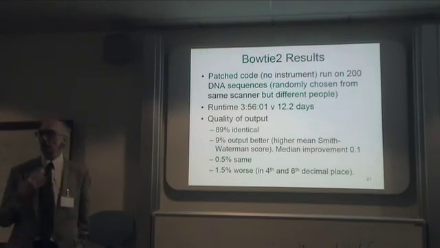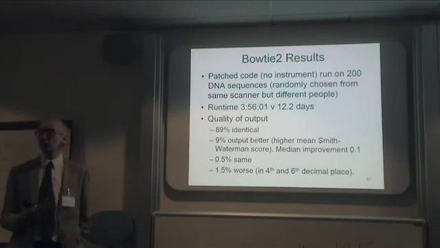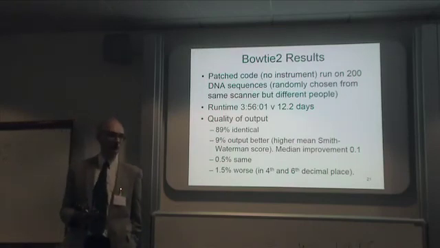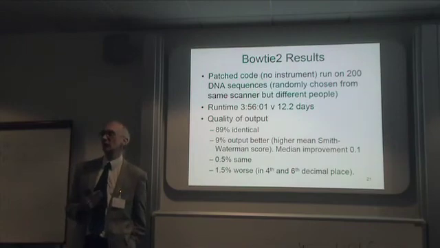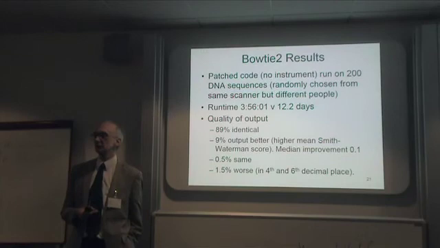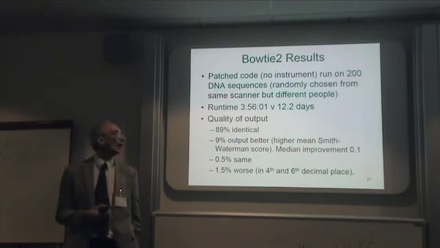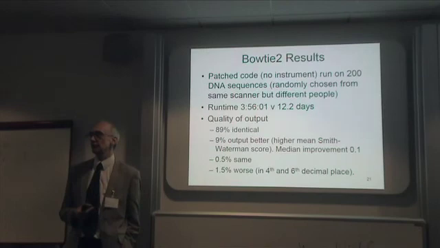We take our patches, we apply them to Bowtie 2, we compile with all the optimizations that are in the release kit, and we run it. And it takes just under 4 hours. If we take the release code with all the optimization switches on, and we run it on those 200 examples, it took more than 12 days.